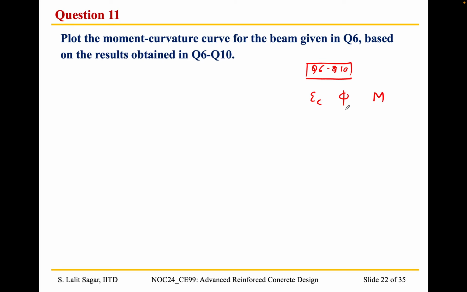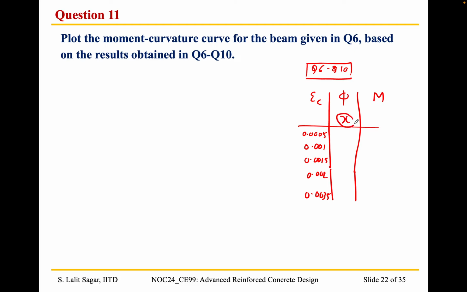Okay, so corresponding to 0.0005, 0.001, 0.0015, 0.002 and 0.0035, we got certain values of curvature and M. Now we need to plot the curvature on the x-axis and the M on the y-axis.